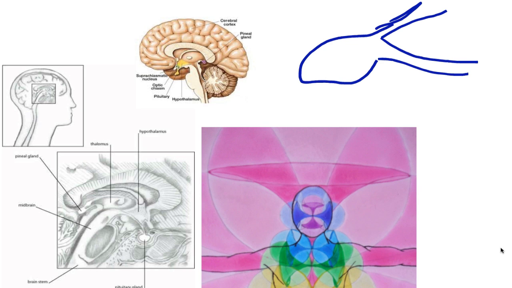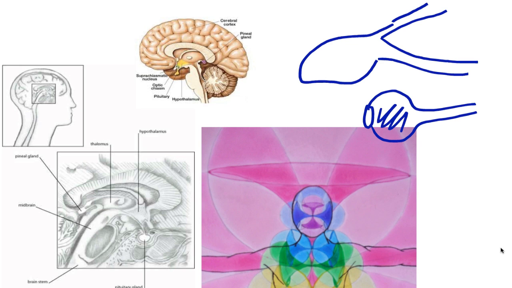All right? The interesting thing about the pineal gland is that it contains some of the very same structure as the physical eye, but it does not have a lens. So the physical eye is shaped pretty much like this. Here's the lens, and in here is all of the vitreous solution, and then back here, that's where you've got your lovely retina. Well, the pineal gland is not so very different.